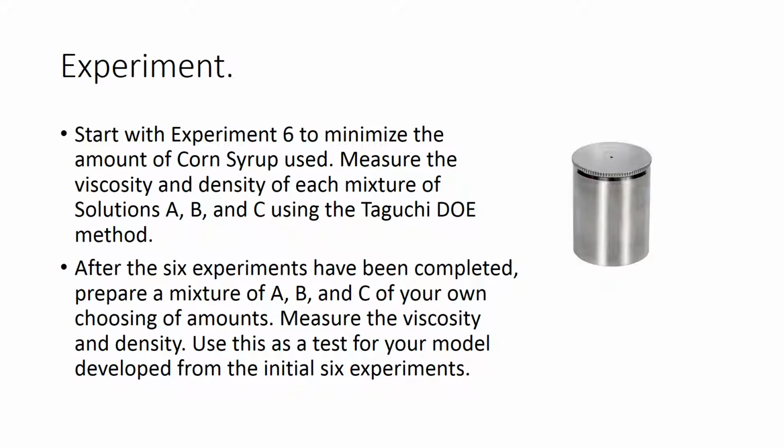So with the 6 experiments, we're going to develop a model for viscosity and a model for density, and then we will test that model with this 7th experiment, where it's a blend of solutions A, B, and C. And we'll use this to see if our model can accurately determine what the viscosity is of this 7th solution, and also the density.